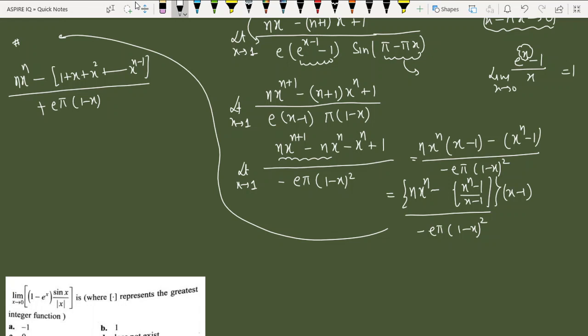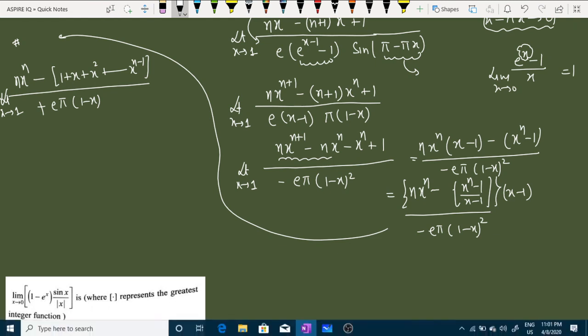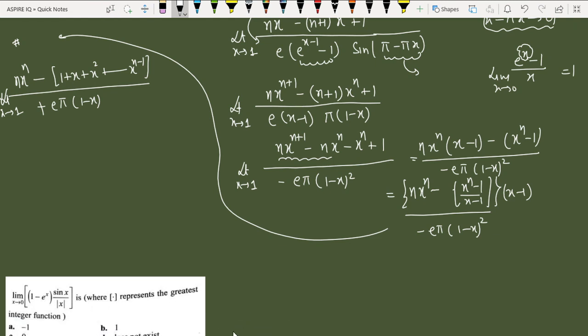Now again check the limit as x tends to 1.